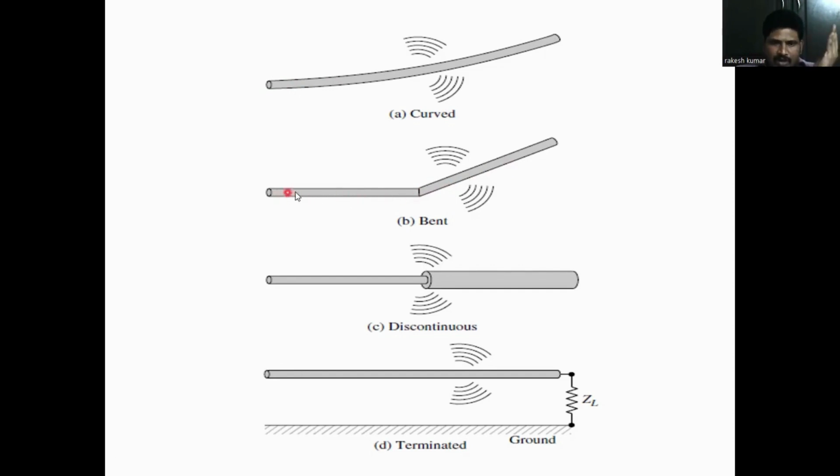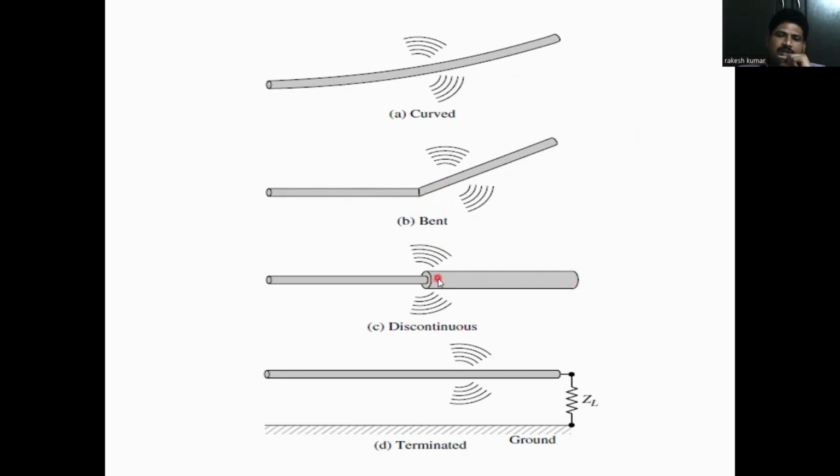But whatever the velocity with which the charges are coming up to here is not the same as the velocity the charges are moving in this direction. Means there is a change in movement of charges. This leads to radiation. Okay, so if the wire is curved or bent, there is a chance of radiation.